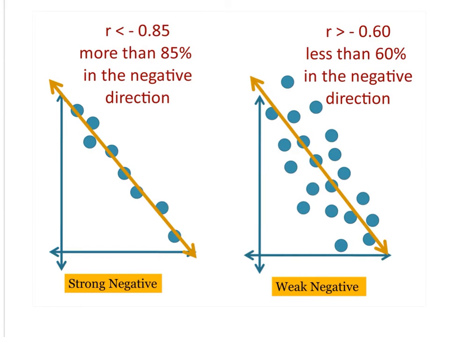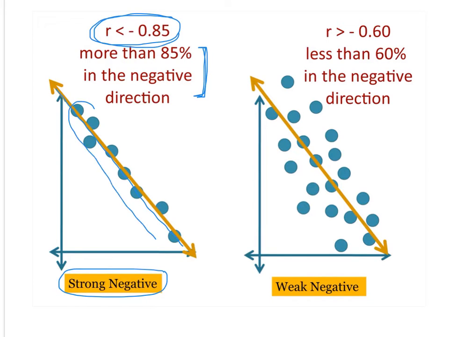The same thing is true on the negative side. Something has a strong negative correlation if it's less than -0.85 or more than 85% in the negative direction. So the closer I get to -1, the more accurate that line becomes, the more close my points are together.